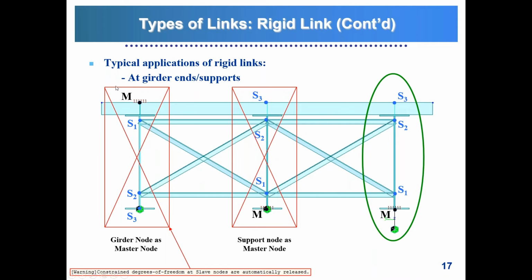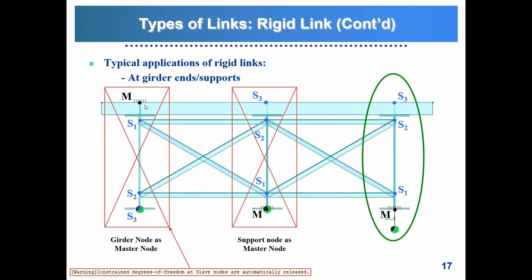The first configuration: this node here is the insertion point of your plate girder, and then you have the node for the cross frame and a node at the bottom of the girder.